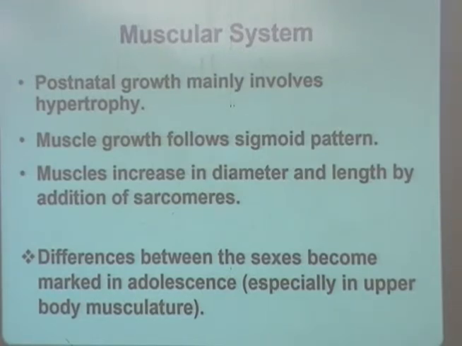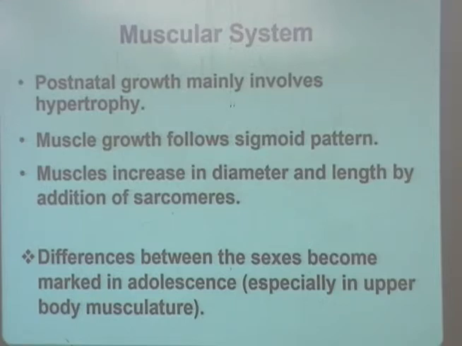And when we're looking at the muscle system, once we hit adolescence, once we hit puberty, we start to see some big difference between boys and girls, right? Particularly in upper body. So girls lay down pretty good muscle around their legs, their thighs are quite strong. Generally, girls don't put on a lot of muscle across their chest or their back or their shoulders or their arms.